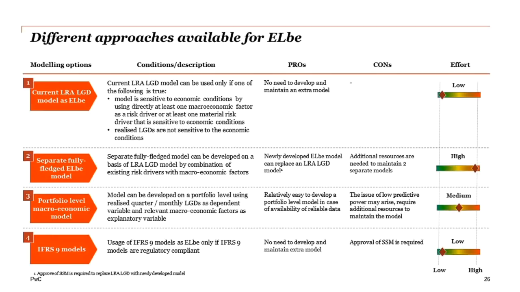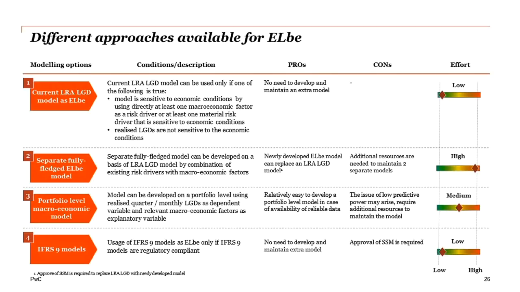The third option, a portfolio-level macroeconomic model. This model can be developed on a portfolio level using realized quarterly or monthly LGDs as dependent variable and relevant macroeconomic factors as explanatory variables. It is relatively easy to develop a portfolio-level model in case of availability and reliability of data. However, certain statistical and quantitative issues may arise, like lack of sufficient predictive power.